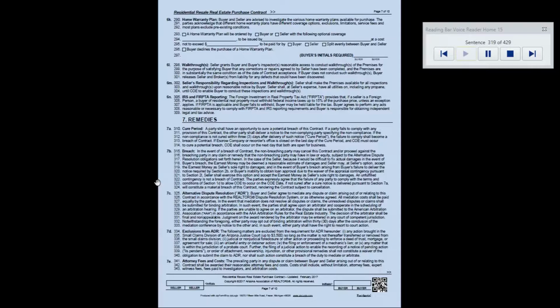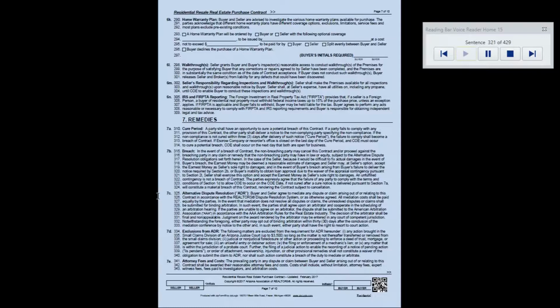The parties expressly agree that the failure of any party to comply with the terms and conditions of Section 1D to allow COE to occur on the COE date, if not cured after a cure notice is delivered pursuant to Section 7A, will constitute a material breach of this contract, rendering the contract subject to cancellation.